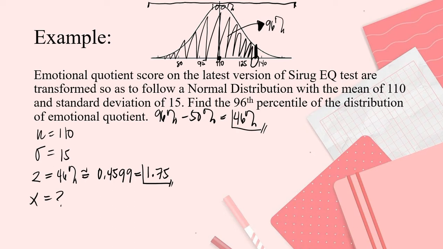O, pabaliktad naman ang kuha natin. At ang sabi natin kanina, ang formula ng Z ay x minus mean over SD. So, paano naman ngayon pag x yung mawawala? So, derive po natin yung formula. Okay, cross-multiply lang. So, it will become x minus mean is equal to z times SD.